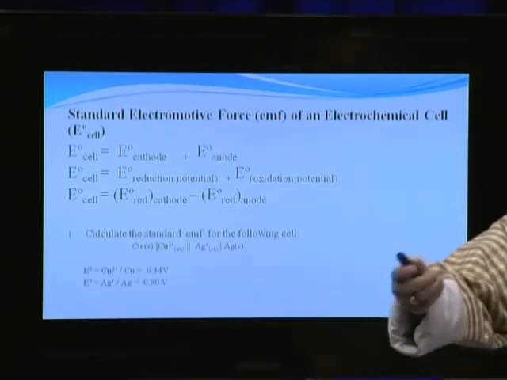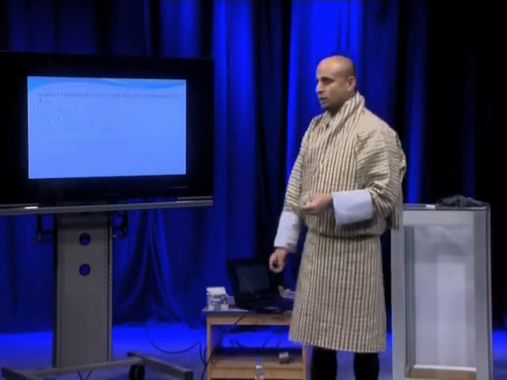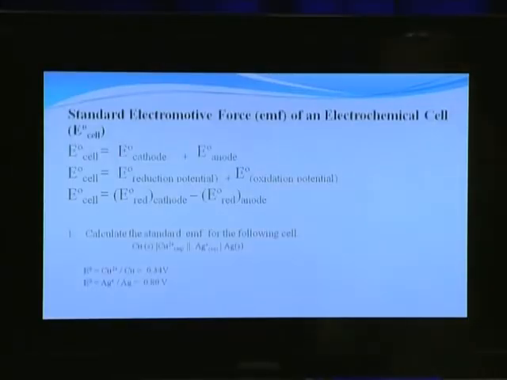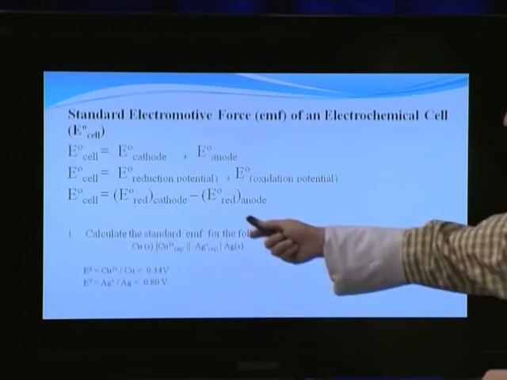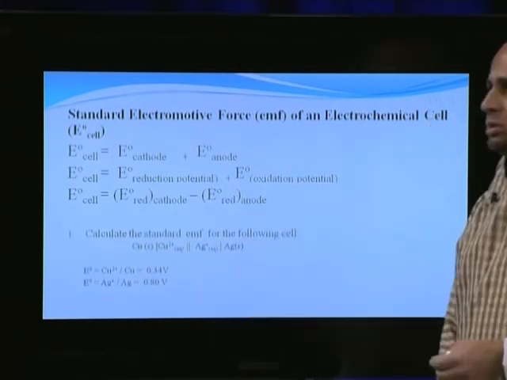But as we studied in the previous lesson, the standard reduction potential of a given electrode is taken as the standard electrode potential. Therefore, if you take the standard reduction potential value for both electrodes, then we use E cathode minus E anode.